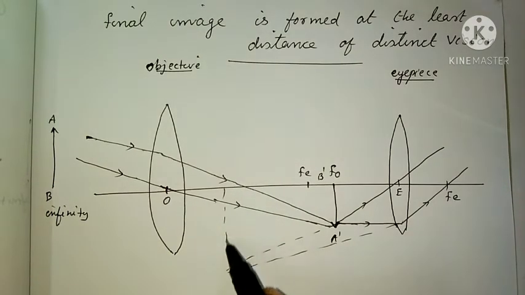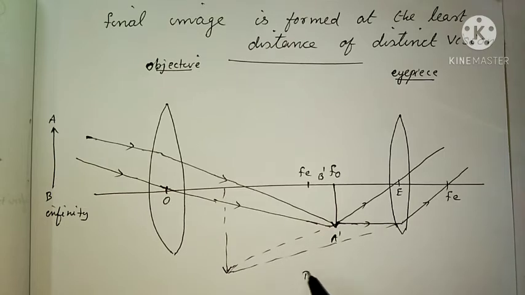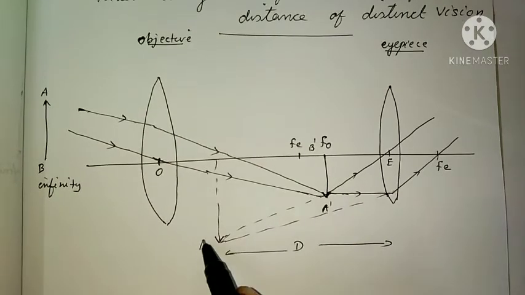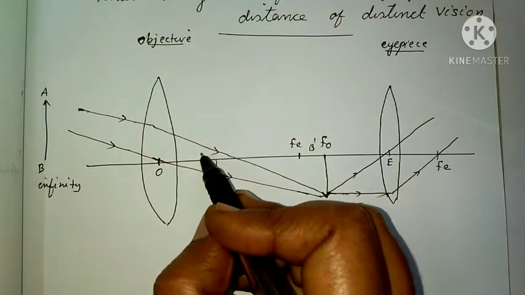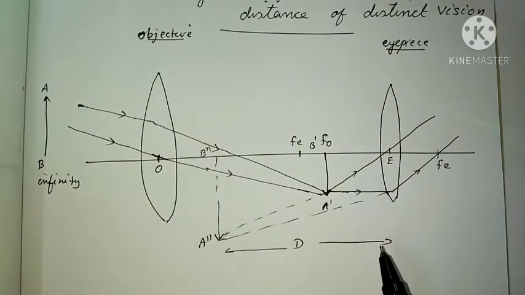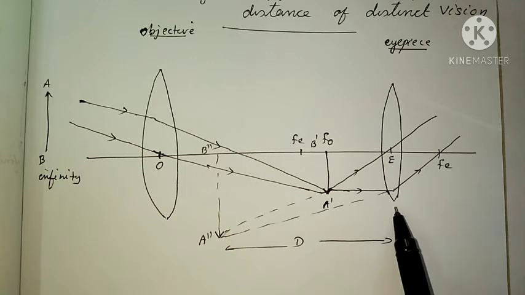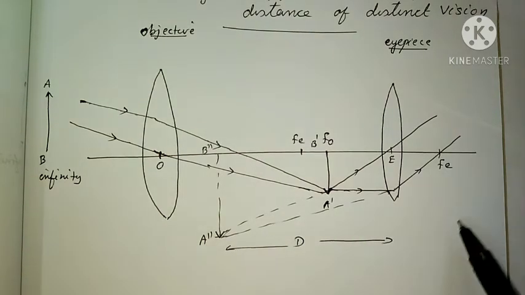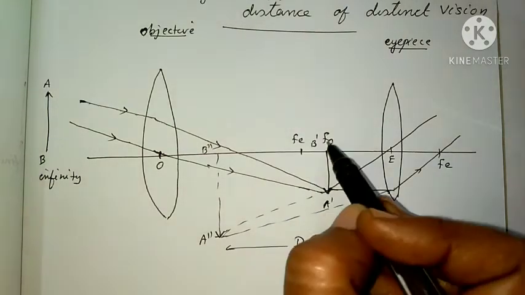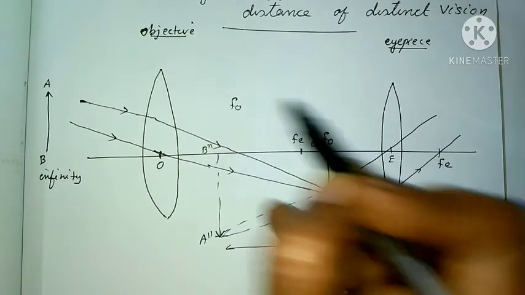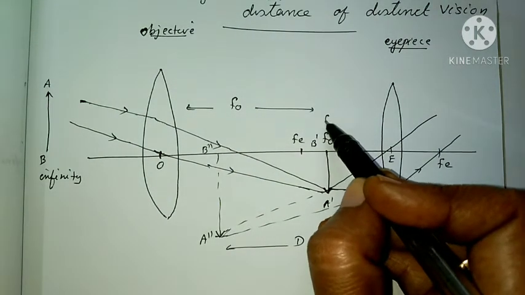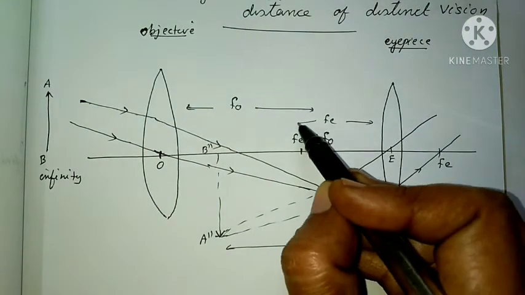This is the final image and it is formed at the least distance of distinct vision from the eyepiece, that is from the eye. We can see the image from here. This is the focal length of the objective and this is the focal length of the eyepiece.